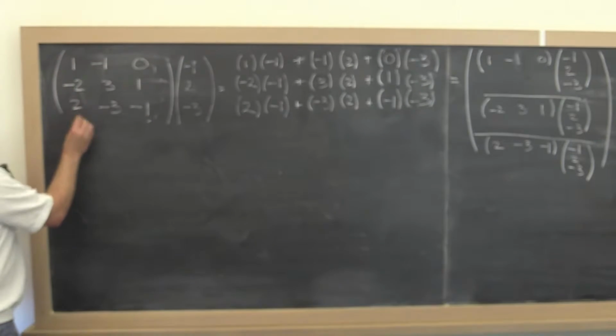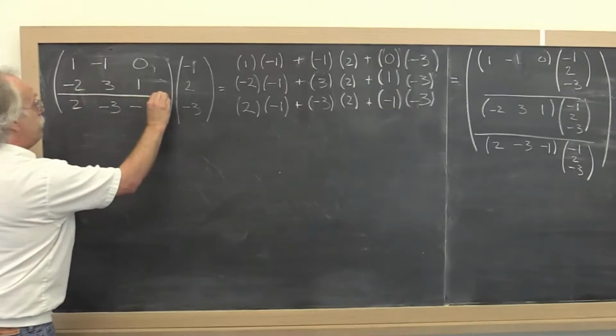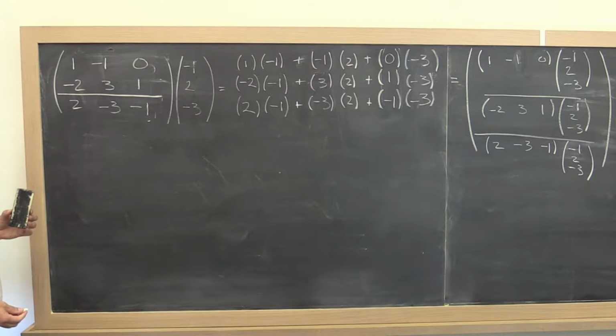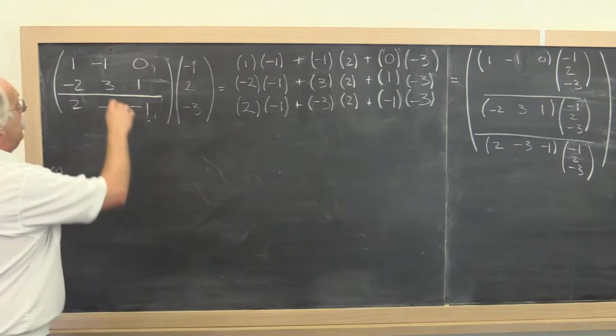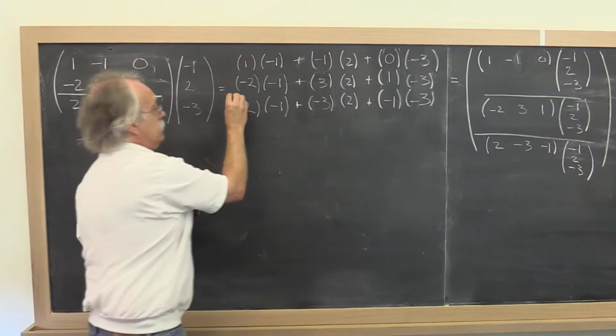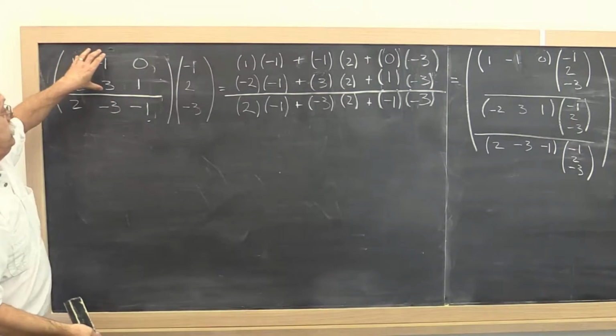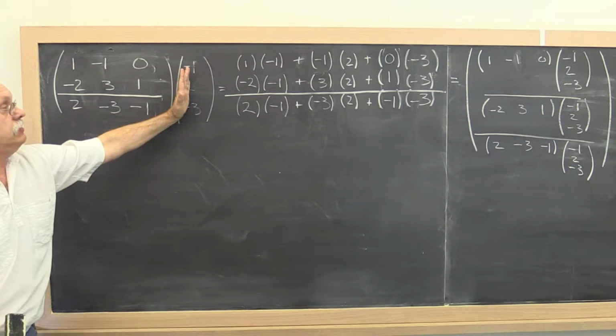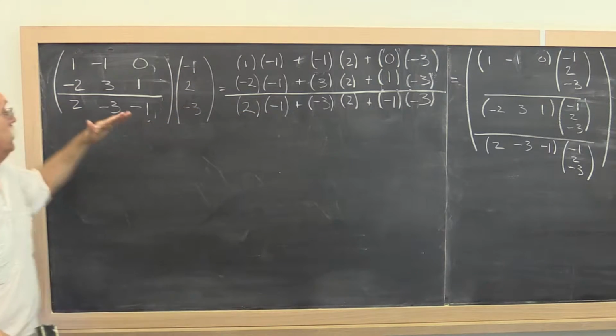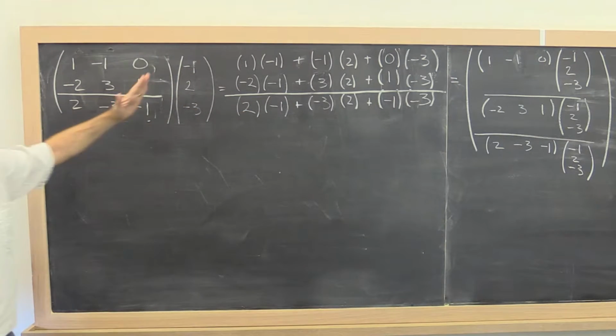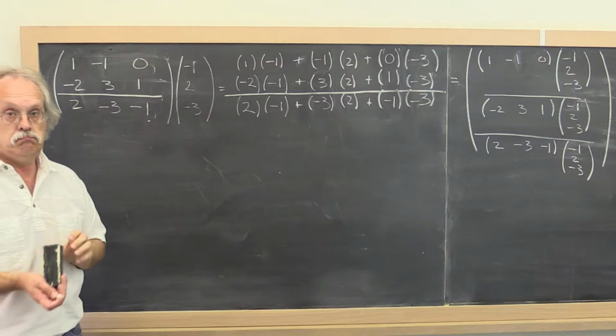Well, if we take this matrix and sort of arbitrarily partition it like that, then we notice that the result here we can think of as this top matrix times the vector, and this part here is the bottom of the matrix times that vector. Interesting.